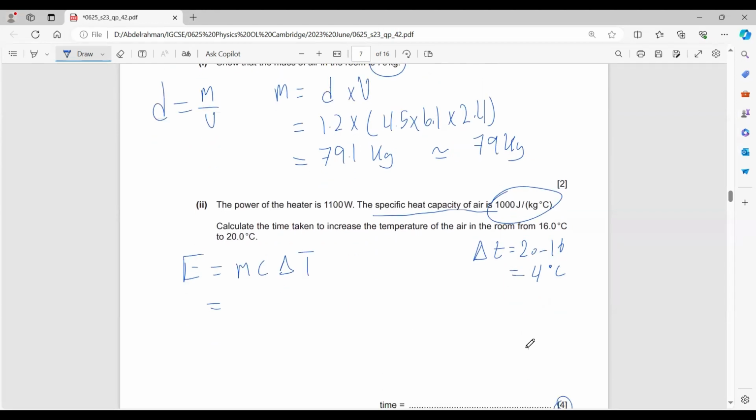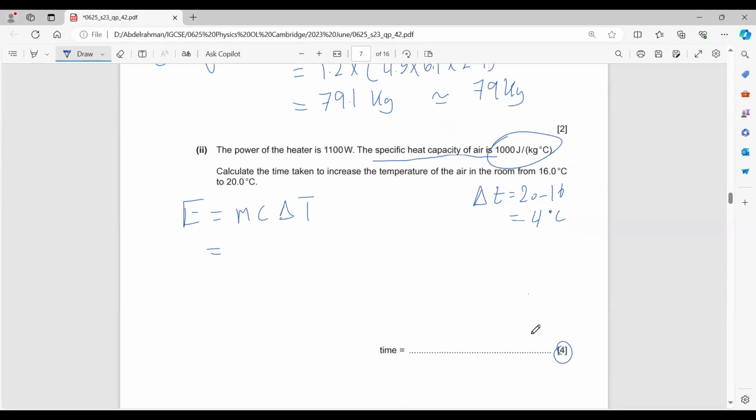So what is energy? Okay, now I understand. 79 times 1000 times delta T, which is 4. What's the energy now?